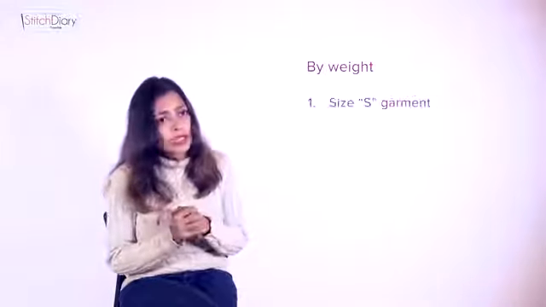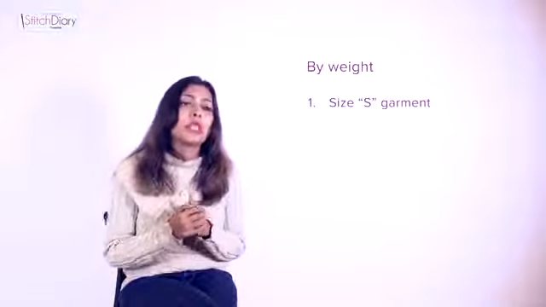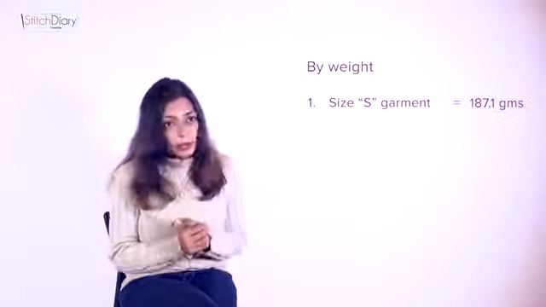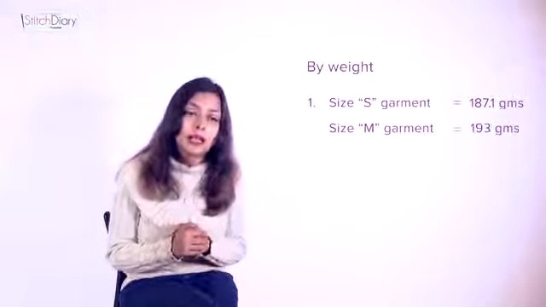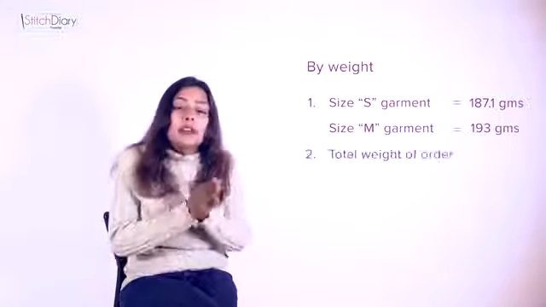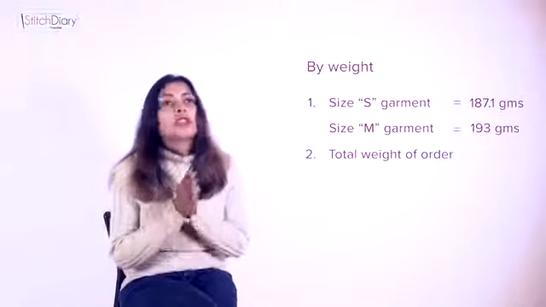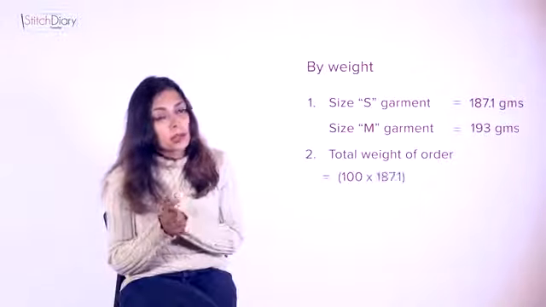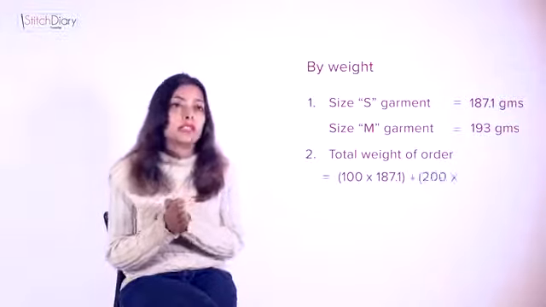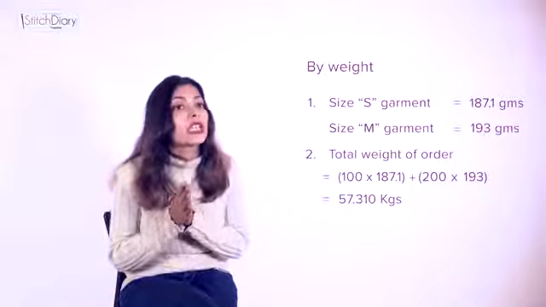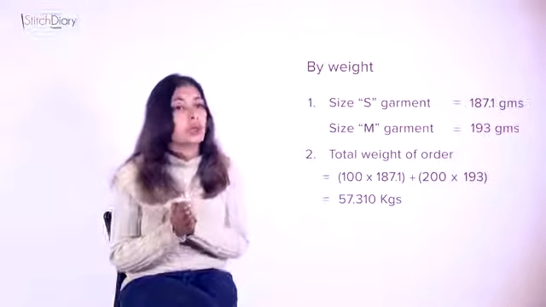Let's say if we measure one piece of small size, the weight turns out to be 187.1 grams. And we measured a piece of medium and the weight turns out to be 193 grams. Now we were cutting 100 pieces of small and 200 pieces of medium in this order. So 100 into 187.1 and 200 into 193 grams gives us 57.310 kgs of fabric which has been used in the order.